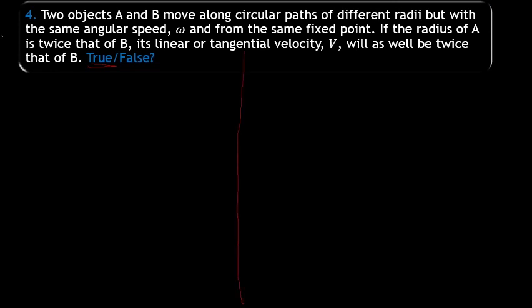So here I have a circular path, and here is the center, and I have another circular path. So this object is here, and this object is here, and the distance from here to here is r, and the distance from here to where this object is is 2r, or let me use r here and use r over 2 here.